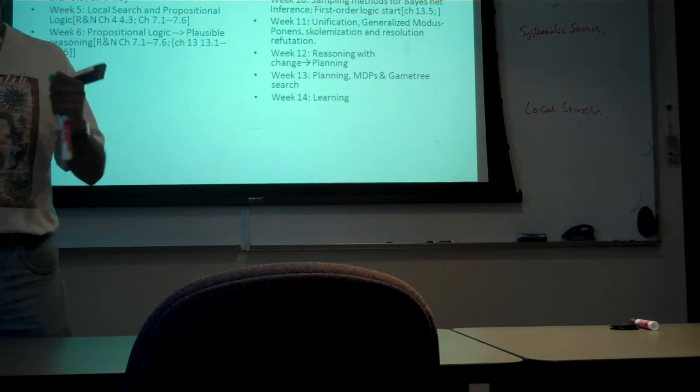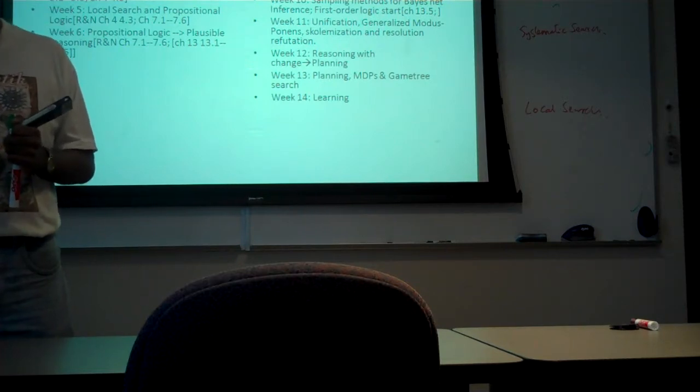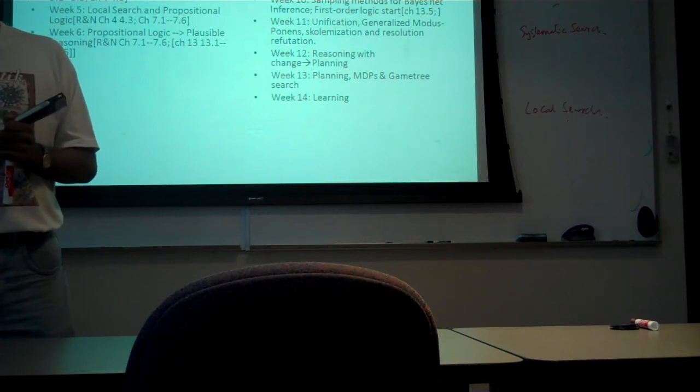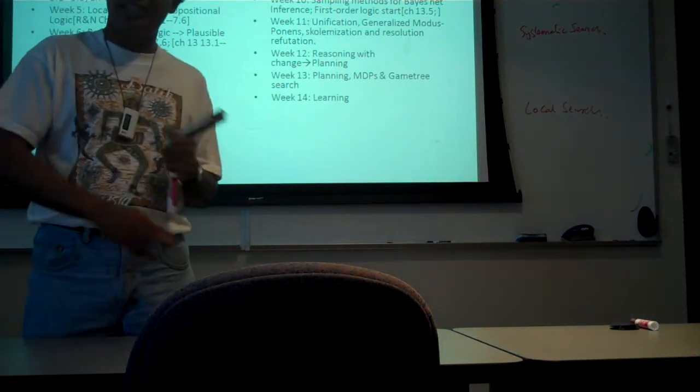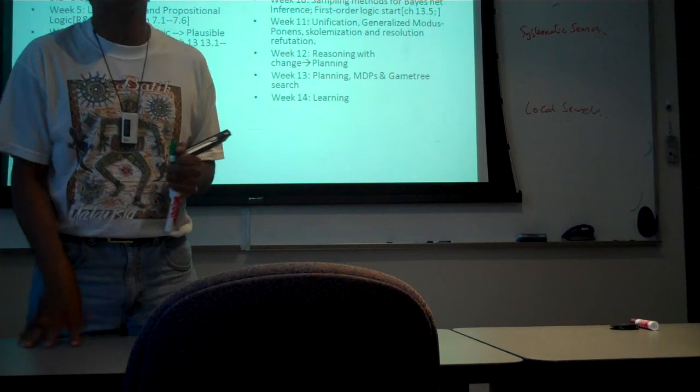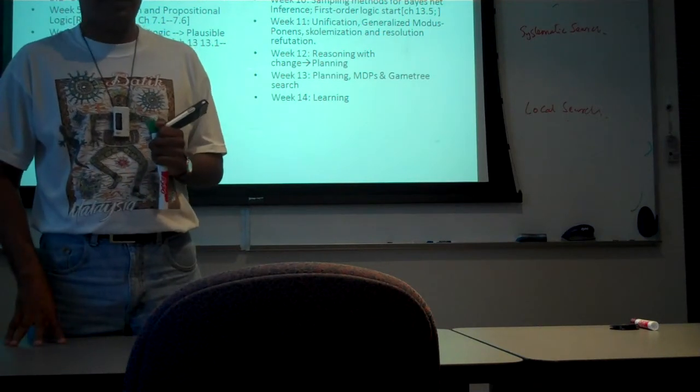If you're asking the search algorithm to look for a state with a certain property, and unbeknownst to you there is no such state, then systematic search is the only thing you can use, because it can give you the guarantee of exhausting the space, if it's a finite space, and then tell you no, there is no such state.